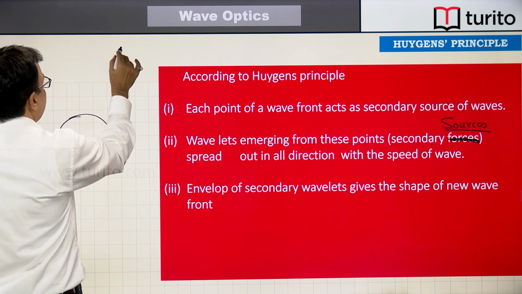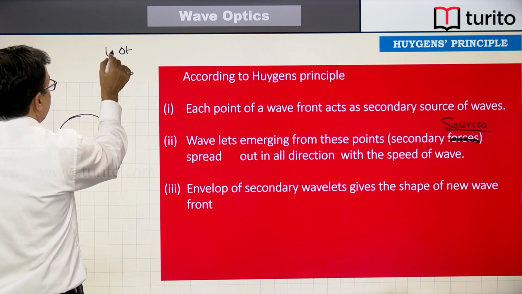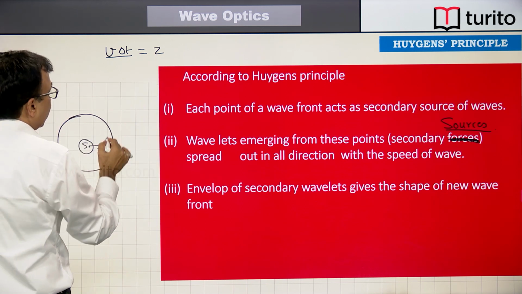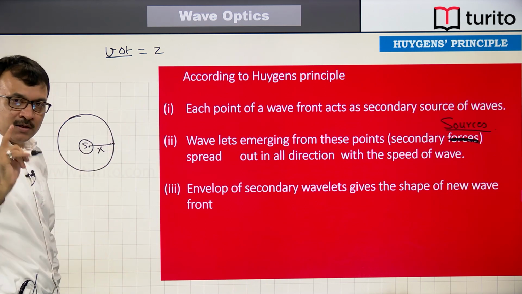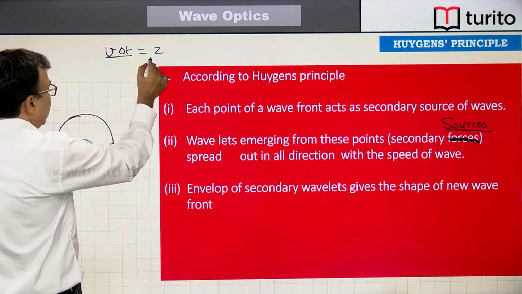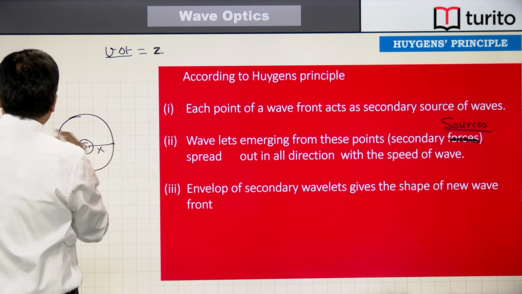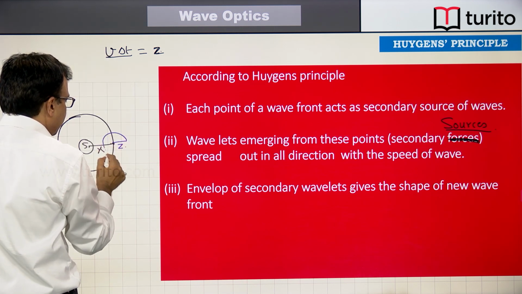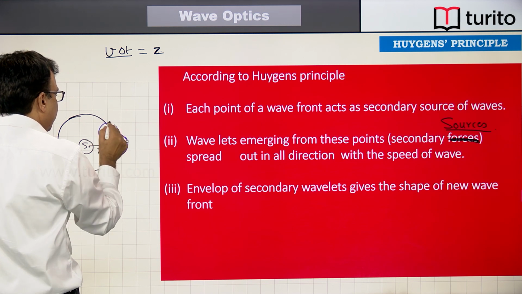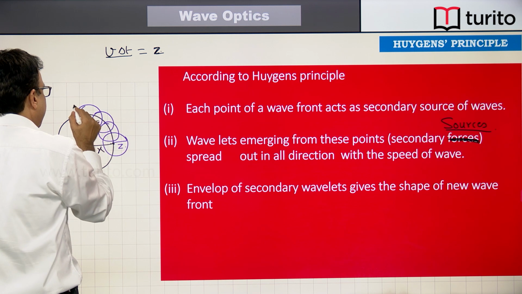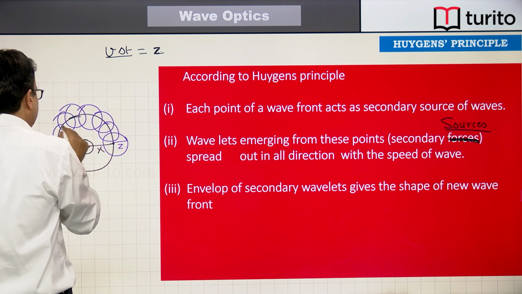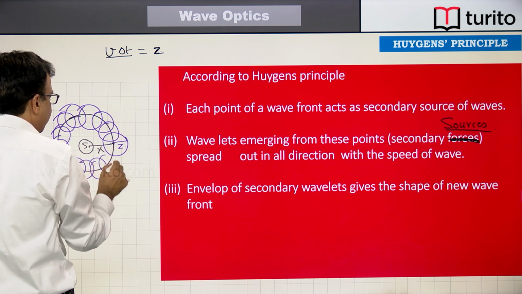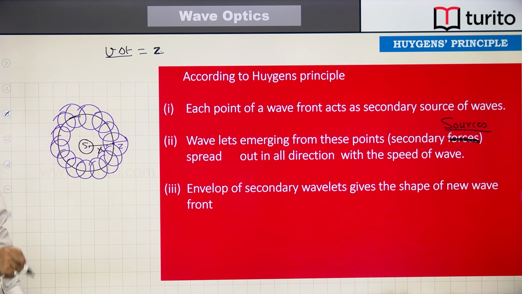Suppose in time interval delta t, the distance travelled by the secondary wavelets is v delta t. Suppose this distance is z, then consider each point on the wavefront as center and construct a sphere of radius z. So I construct so many spheres of radius z, and the center of each sphere is on the position of the wavefront.